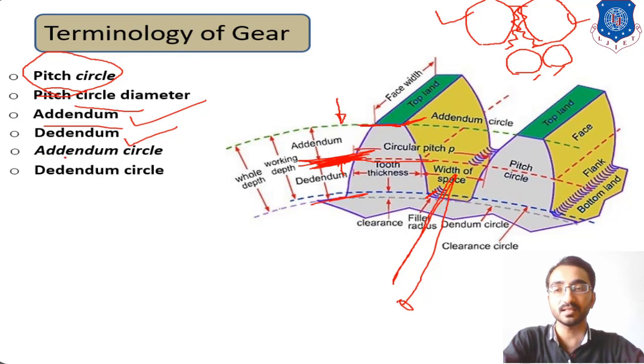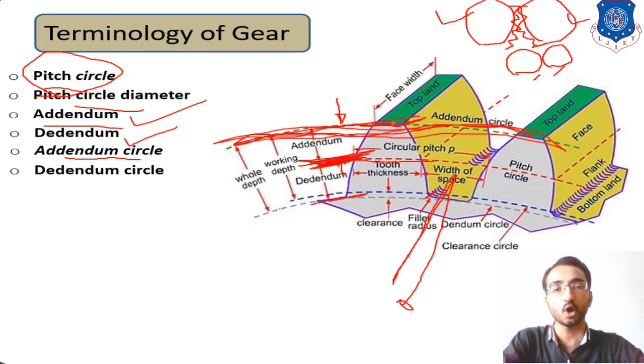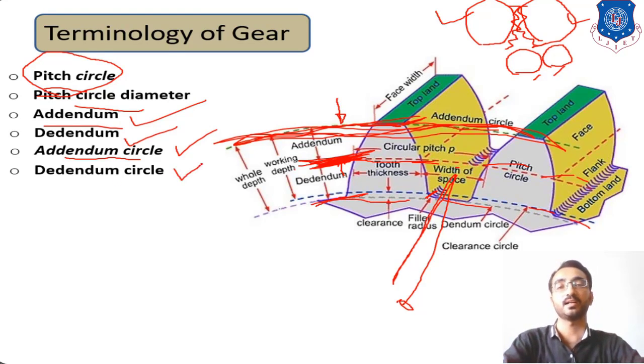The circle which passes through the top of the teeth and is concentric with this pitch circle is termed as the addendum circle. In a similar way, if we sketch one circle which passes through the bottom of the tooth and is concentric with this pitch circle, then it is termed as the dedendum circle.